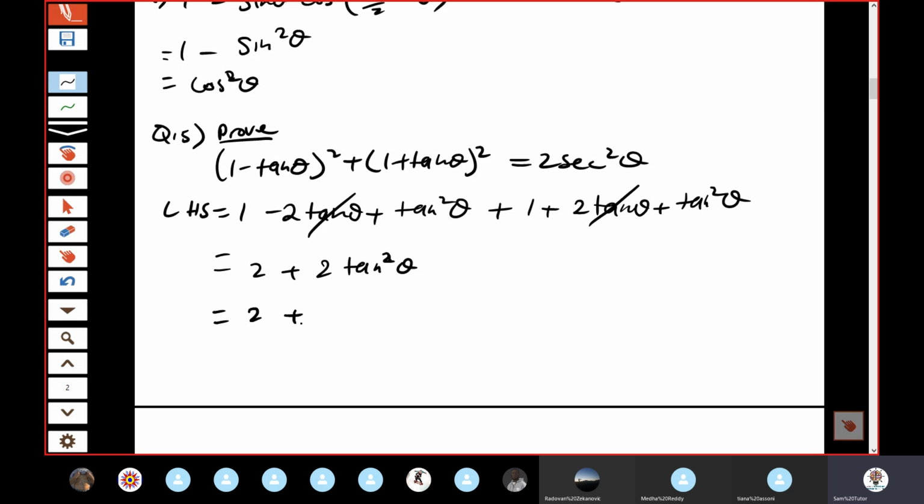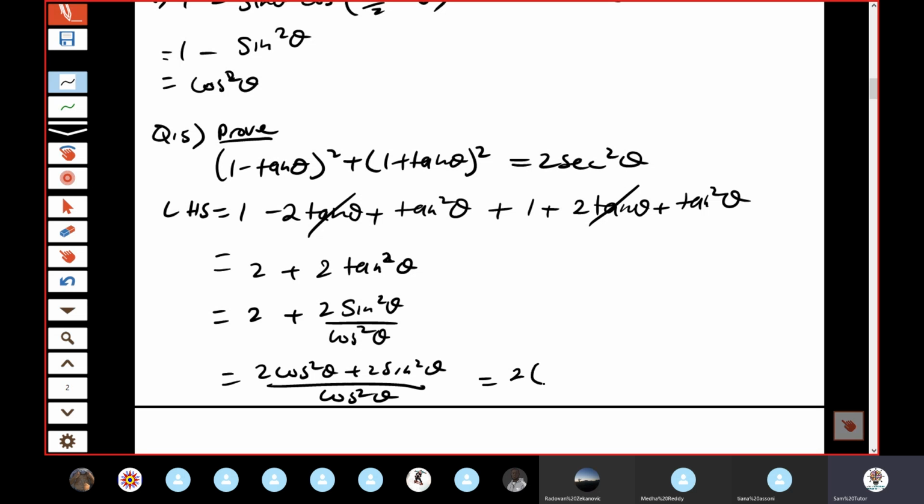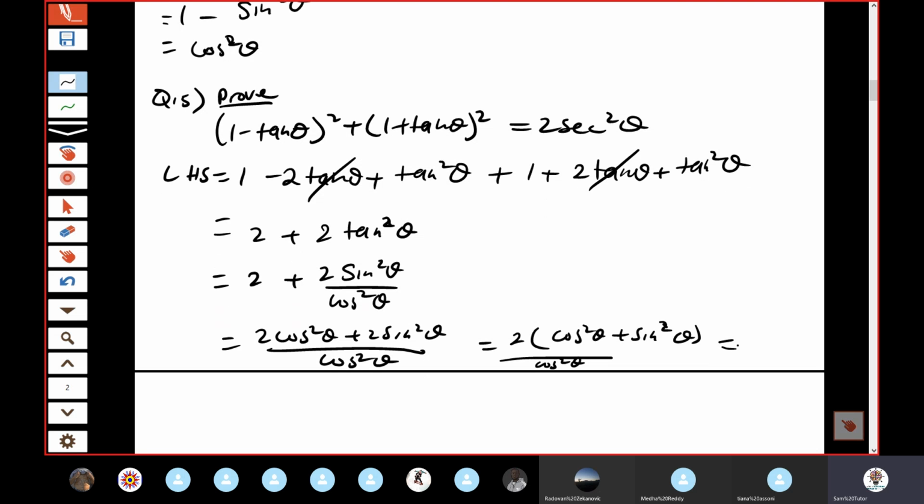Here we go. 2 plus 2, tan is sine squared on cos squared, multiplied by cos squared, so common denominator. Factorize your 2 out. Cos squared plus sine squared is 1, so the answer is 2 on cos squared, which is 2 sec squared theta.